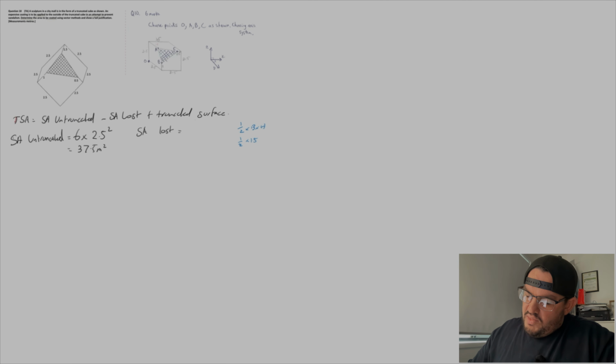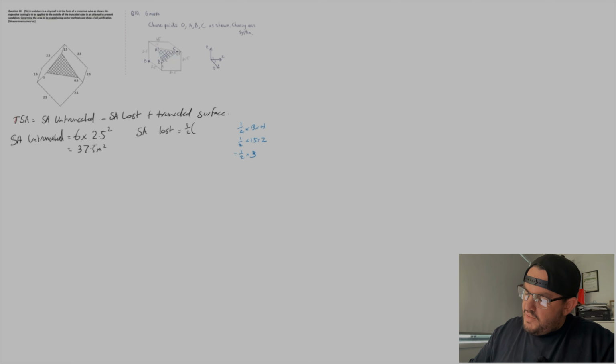And then this part here that's been shaved off, I'm going to look at this part here. So this distance from this point here, C, to here is going to be 2. So it's going to be times 2. So then essentially this becomes a half times 3. There we go. All right, so over here, I'm going to do them all together.